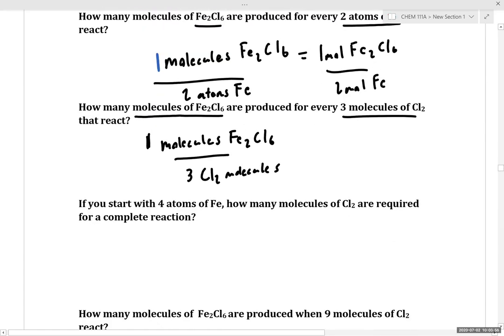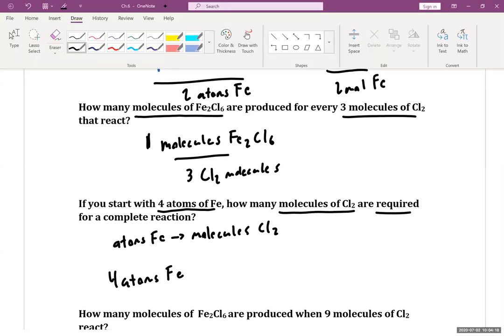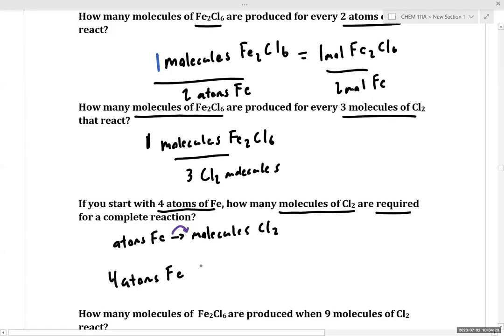Okay, continuing on, if we start with 4 atoms of iron, how many molecules of chlorine are required? So we're trying to go from atoms of iron to molecules of chlorine. Just thinking about conversion logic, if we're going from atoms of iron to molecules of chlorine, molecules of chlorine needs to be on top.